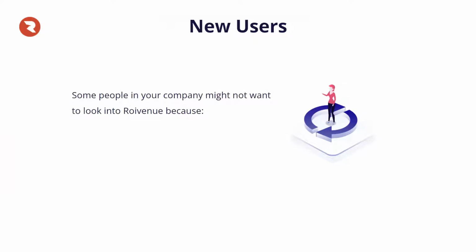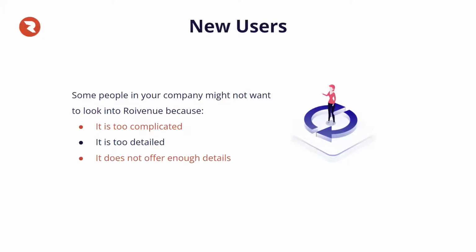Because I'm sure you have someone in your team who doesn't use Roivenue, and it might be because they think it's too complicated, it has too many details and they do not need it. Or it does not offer enough details. For example, they prefer to have campaign and ad group level by default, etc. The reasons can be multiple.